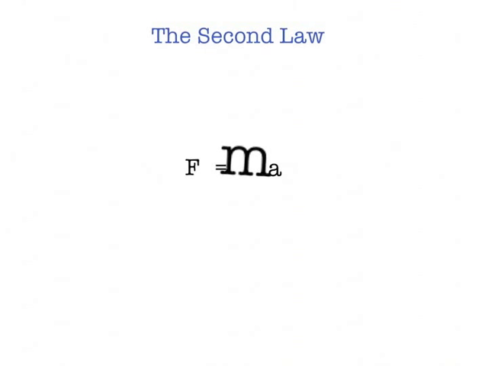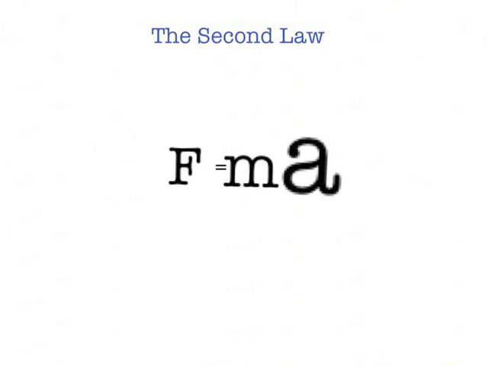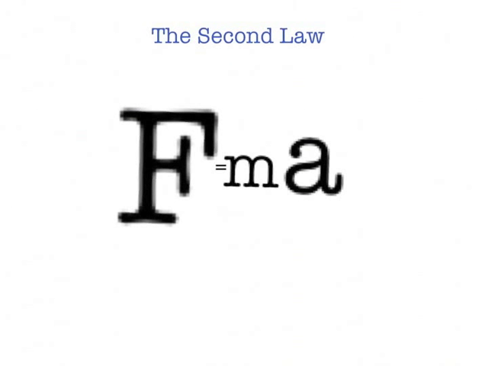The more massive the object, the greater the amount of force you're going to need to achieve the same acceleration. And for a given mass, if you want a greater acceleration, you increase the force. That makes sense, doesn't it? If you're more massive, you have higher inertia, so it's harder to make you change your velocity.